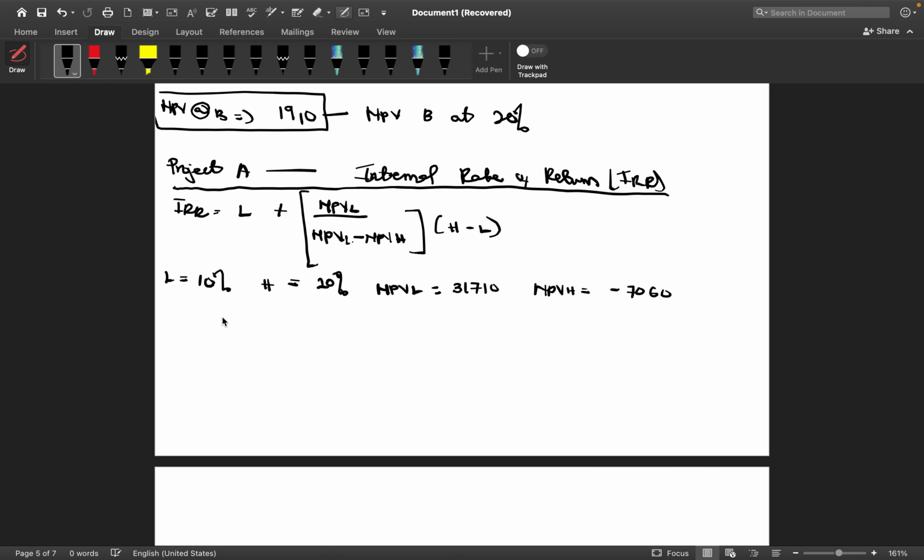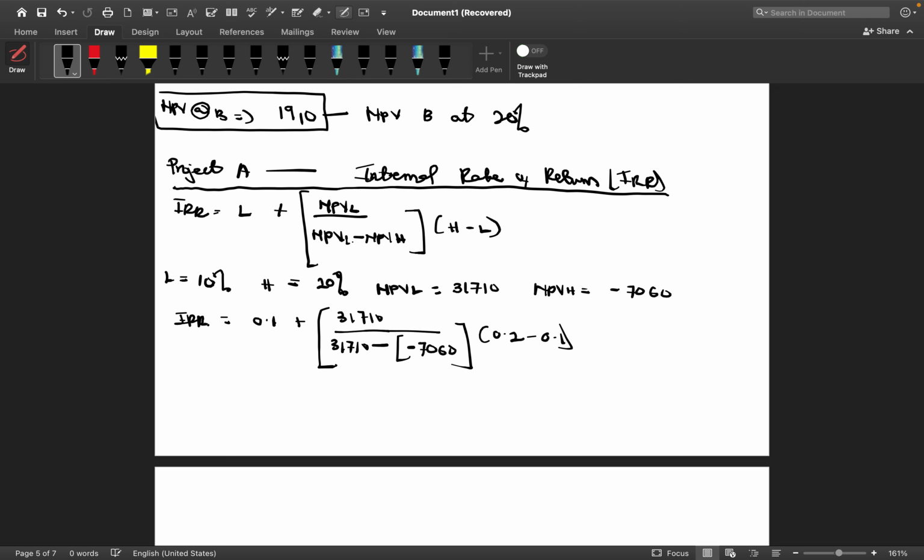You can cross-check it, you see it in the solution. They are all in the solution. So lower rate 0.1 plus NPVL, 31,710, divided by 31,710 minus NPVH, minus 7,060, times 0.2 minus 0.1.